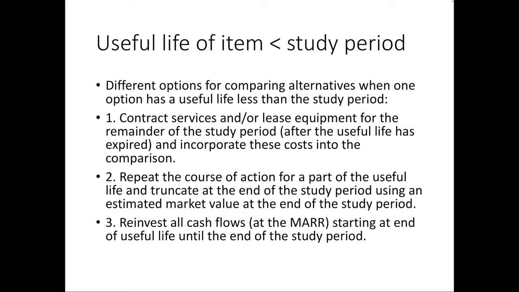So you extend it for another cycle using the repeatability method, and then you truncate it. The third method is you can reinvest all cash flows starting at the end of the useful life until the end of the study period. Still the same example: say your item is good for 4 years, your study period is 6 years. The way we do that is you have all the cash flows for this item in the 4 years, in the useful life.